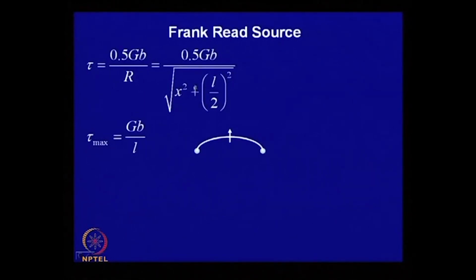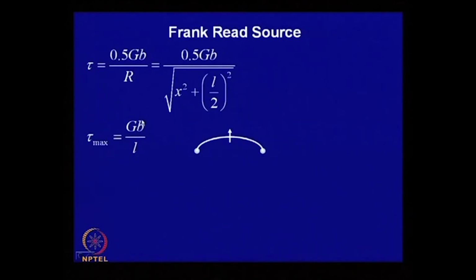Now, what is the maximum value of tau? When will this tau be maximum? Obviously, when the denominator is minimum, and the denominator is minimum when x is 0. That means the center lies in between these 2 points. So, in that case, tau max is G b over L.